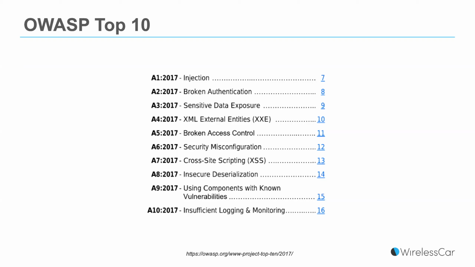Every 3 or 4 years or so, they create a top 10 list of the most common vulnerabilities for web applications. These are obviously also very much interesting for your application, even if it's not a web application.